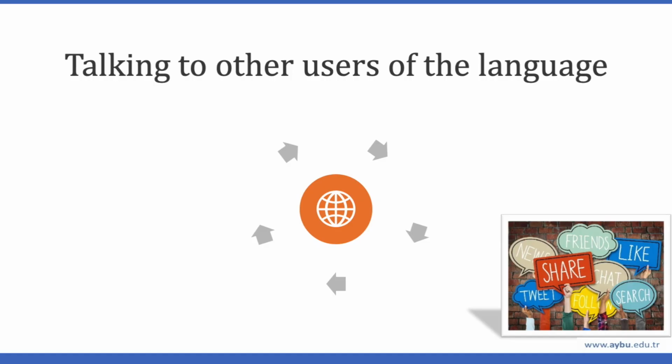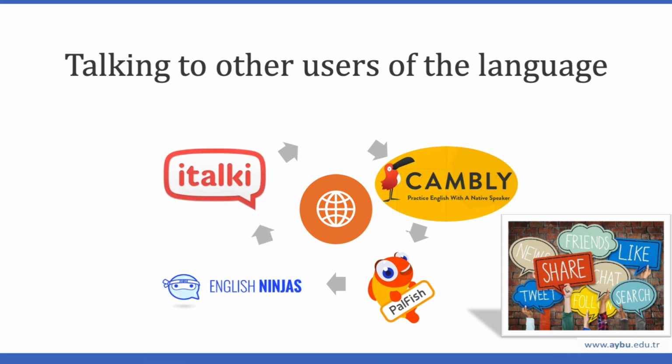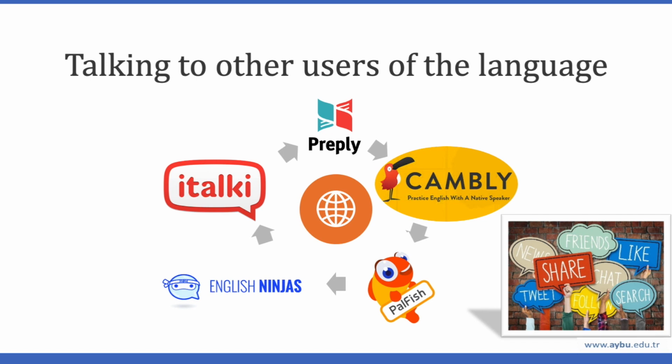Practicing English with a native speaker can be one of the most effective ways of learning English vocabulary. And the great thing is you can do it at your home. Cambly is very popular, as you all know, but there are alternatives like Palfish, English Ninjas, italki, and Preply.